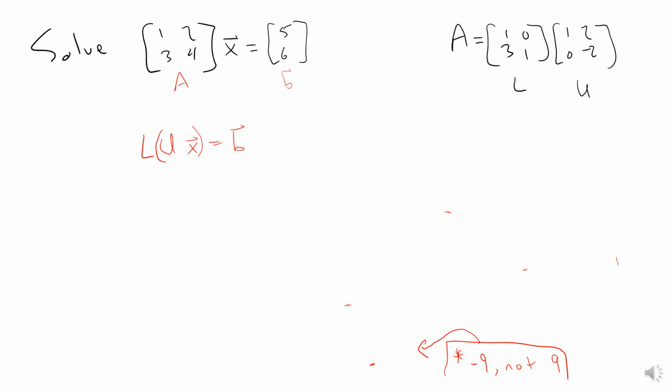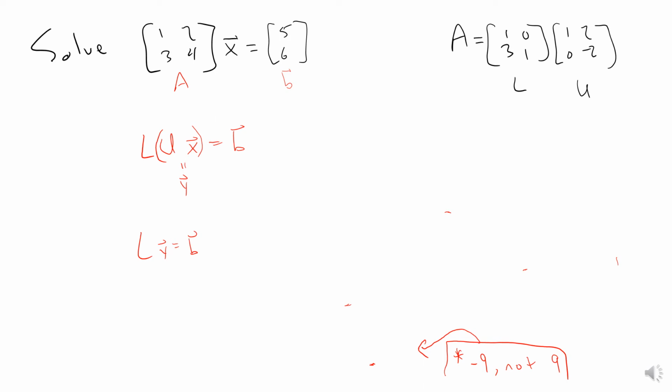That results in a 2 by 1 vector. We'll call that vector y. All right, so this vector y we can solve to find out what y is. Because if Ux equals y, then this equation that we're solving turns into just solving Ly equals b.